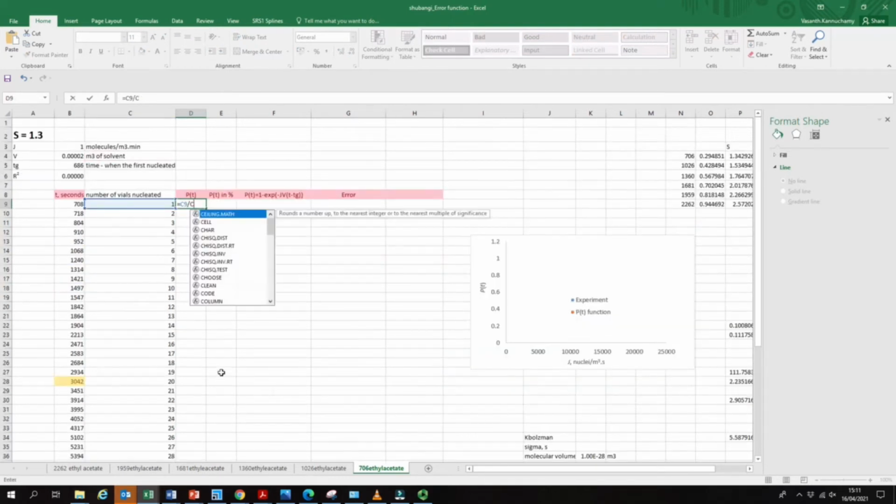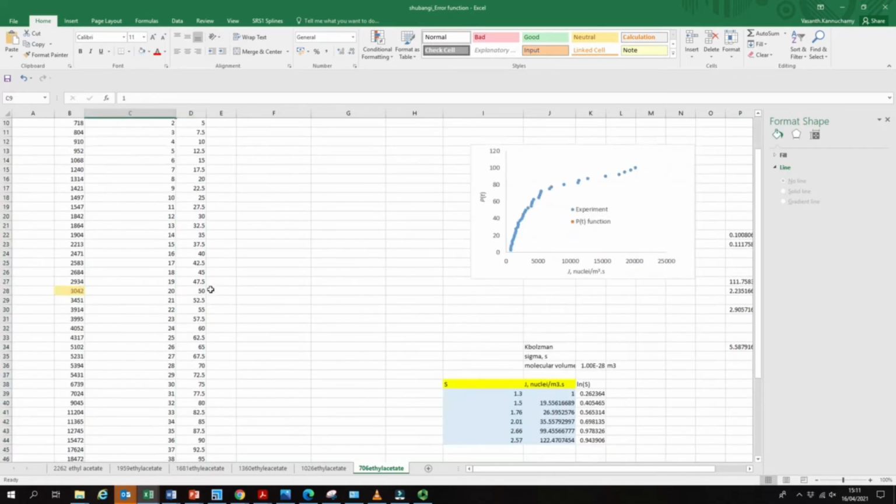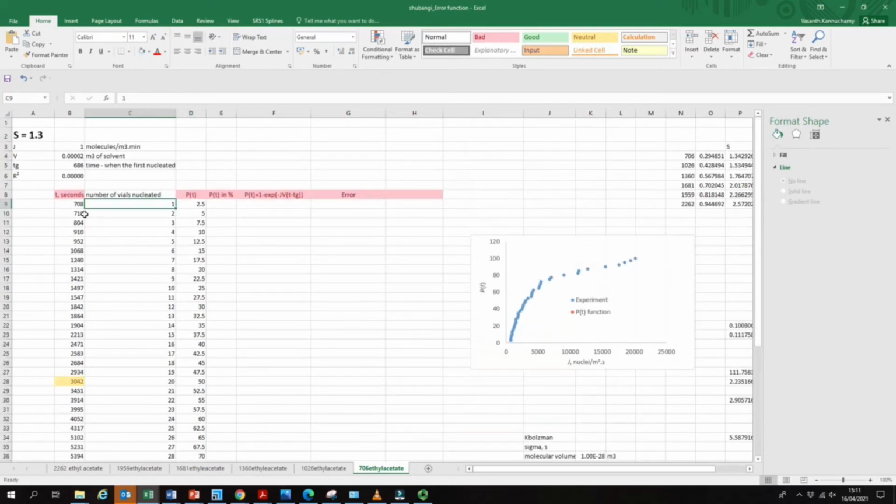So let's put 1 divided by 40, and multiply this whole value by 100. I'm just doing these calculations because it's very tough if you start from scratch. So I will do the calculations for you. So what does that mean? This is 2.5 percent of the vials got nucleated when time t is equal to 708 seconds, that's what it states.